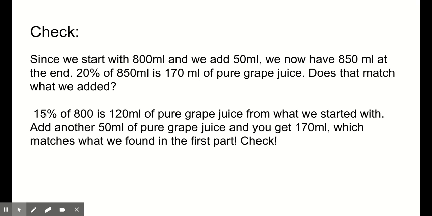Well, we started off with 15% of 800, which is 120 milliliters of pure grape juice. And then we know from our answer that we added 50 milliliters. 120 plus 50 gives us 170 milliliters, and that equals what we found the other way. So we know that matches what we found in the first part, and therefore this all checks out. All right, so that's how you solve these problems.